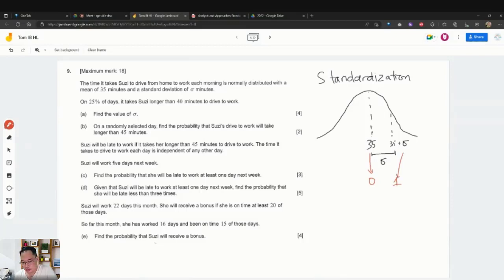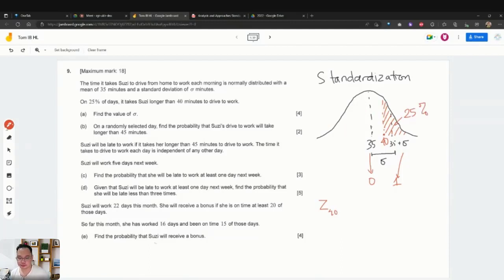To do that, we use a thing called a z-score. Z-score for the value 40. It takes her more than 40 minutes to drive to work, and that percentage is 25%, which means the value 40, for example, is here. The area under this curve on the right, greater than 40, is 25% of the whole area under the bell.